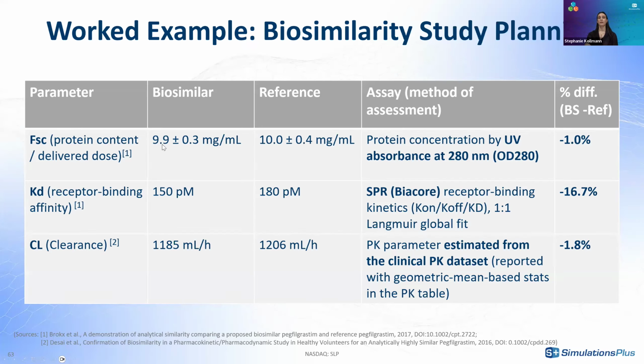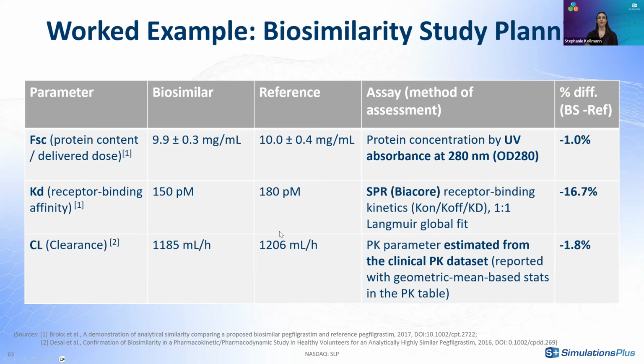They report 9.9 plus minus 0.3 milligram per milliliter for the biosimilar versus 10.0 plus minus 0.4 milligram per milliliter for the reference, which corresponds effectively to minus 1.0% difference, where I calculate biosimilar minus reference.